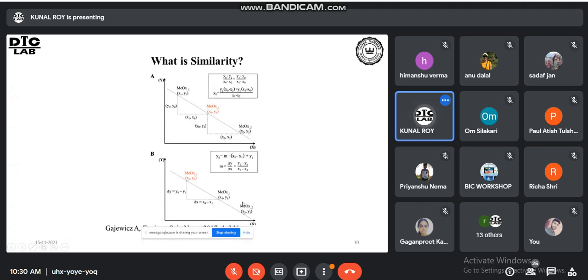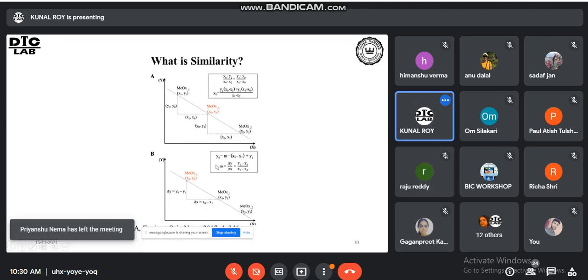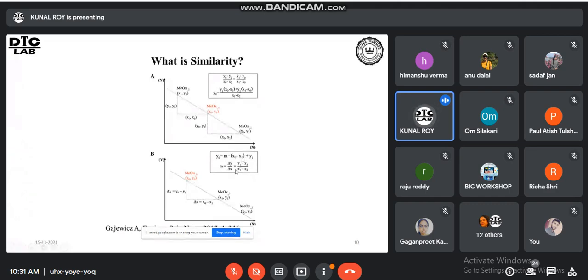Or we can use this, where you can see we are getting our slope from the two compounds, and then we are using only one compound for prediction, but with this slope. And here, our target compound is here, whereas our source compound is here. So this is a method of extrapolation, whereas the first case is interpolation, because it lies in between the other two compounds.